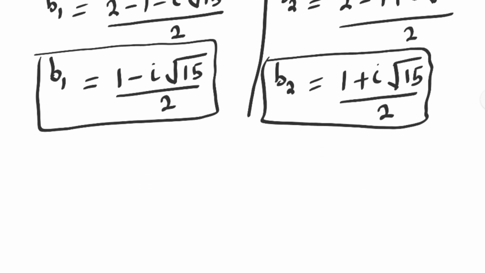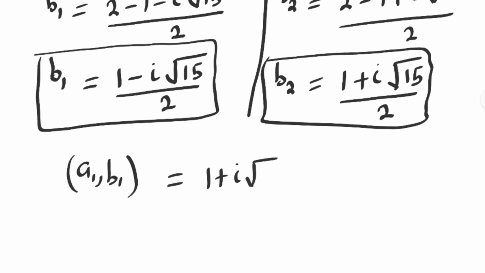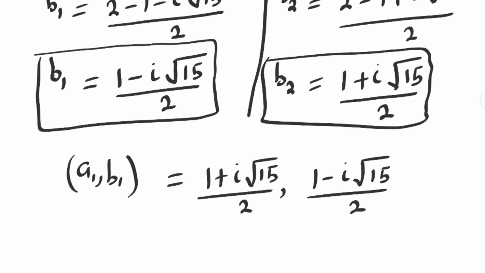Therefore, our final answers are a1, b1 is equal to 1 plus i square root of 15 over 2, 1 minus i square root of 15 over 2.